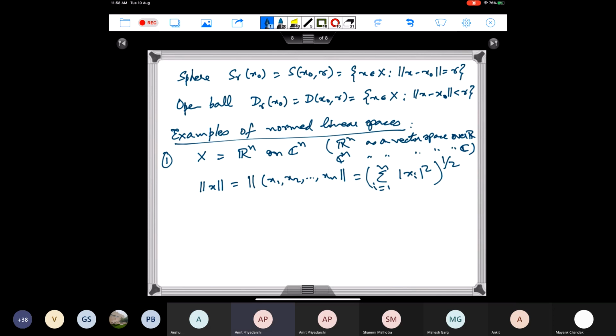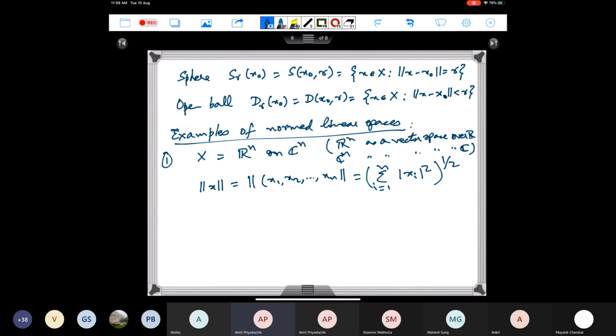This is the usual norm, and this gives you the usual Euclidean metric on R^n or C^n. All of you are familiar with this, and you can try to prove that this indeed defines a norm. The main thing would be proving the triangle inequality, that norm of x plus y is less than or equal to norm x plus norm y.